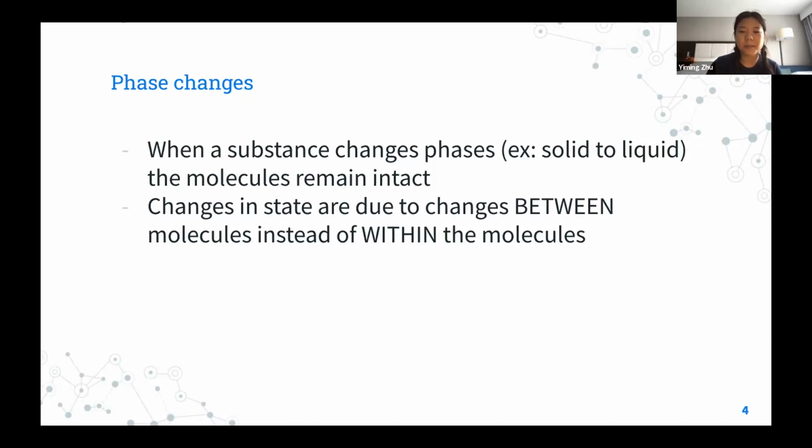This is probably the most basic example ever, but you could say water freezing to ice and then melting again and then evaporating into water vapor. So throughout that, the water stays water, right? So the water molecule actually remains intact.